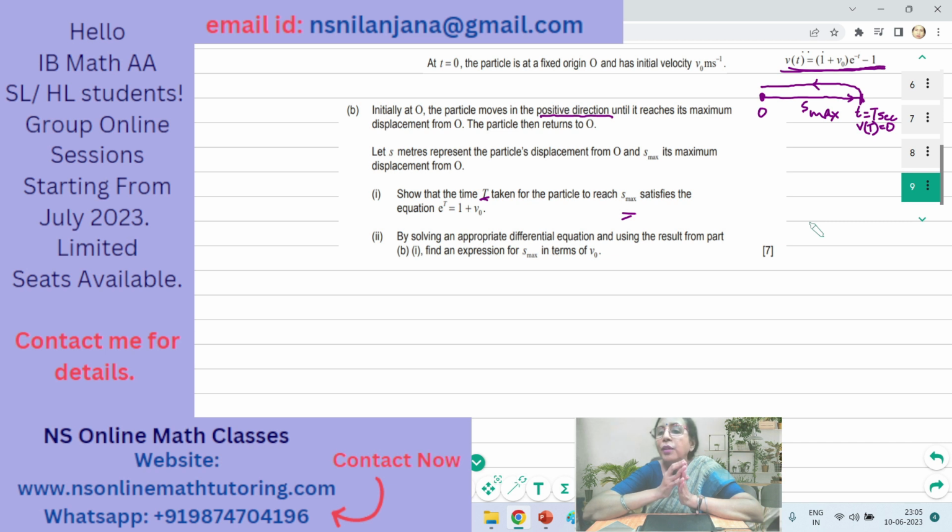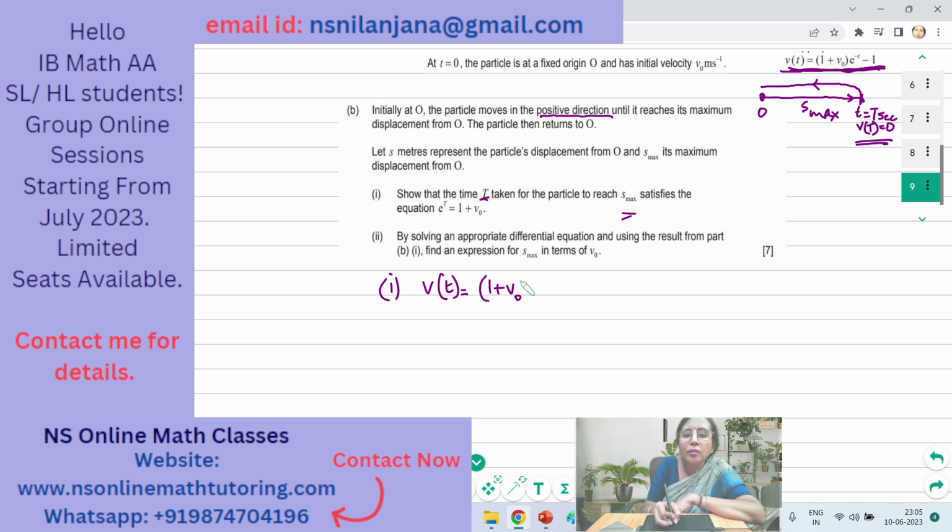So we will be taking the equation that V of capital T is equal to 0, and substituting capital T in this equation. Let us write the equation once more. V of t is equal to 1 plus V0 times e to the power of negative t, minus 1.